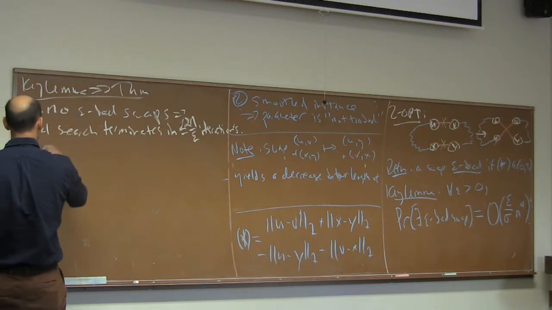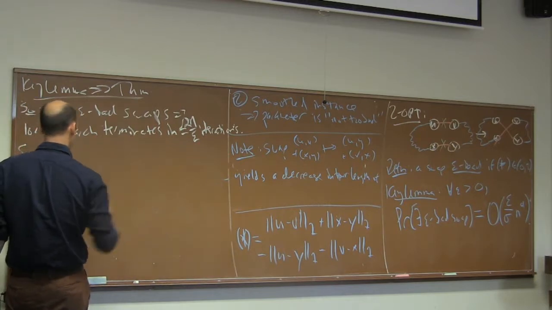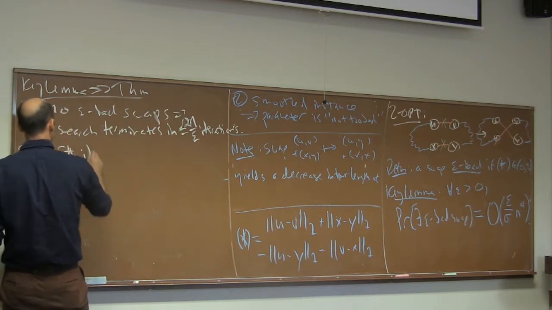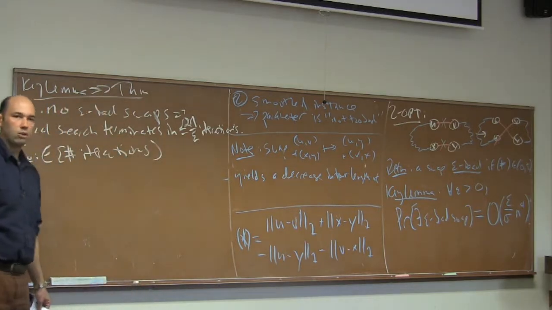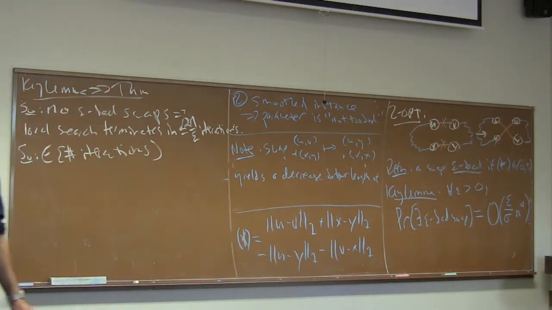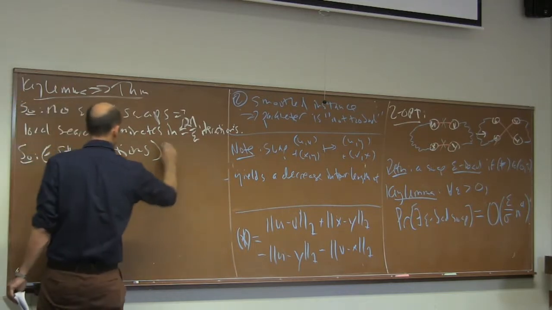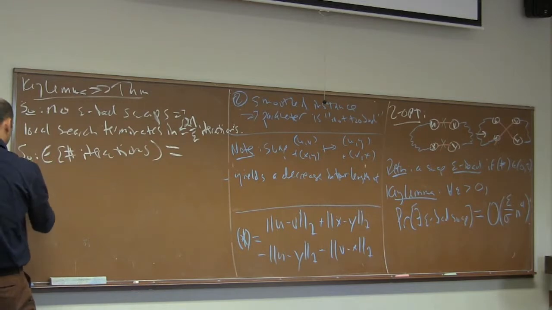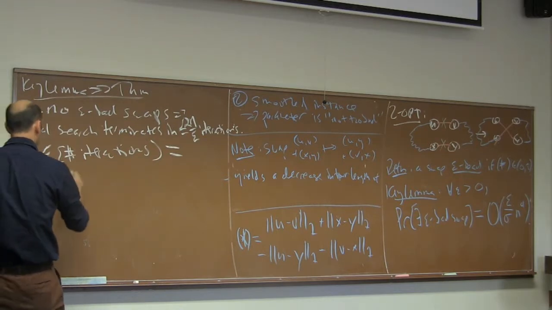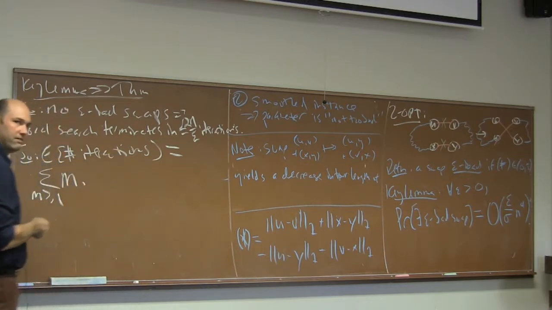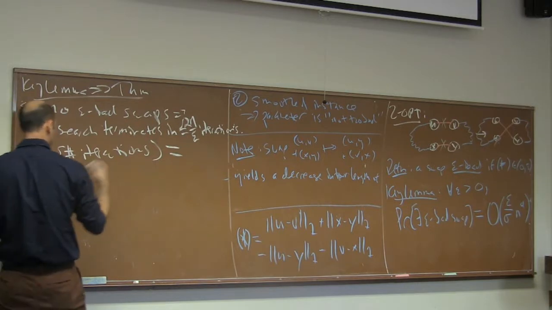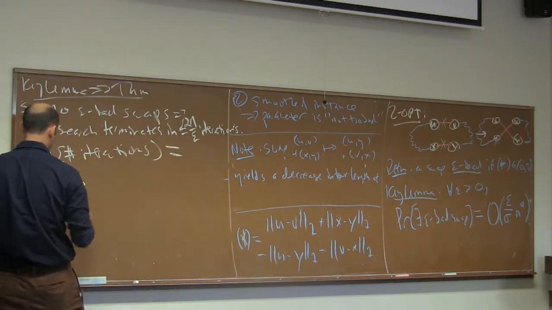Let's figure out how long it's going to take, assuming we've proved the key lemma. Because each iteration can be implemented in polynomial time, this just boils down to analyzing the expected number of iterations. We want to prove this is polynomial in n and 1 over sigma. First, by the definition of expectation, we sum over all the values. I'll use capital M as the random variable denoting the number of iterations, which is random over the input.